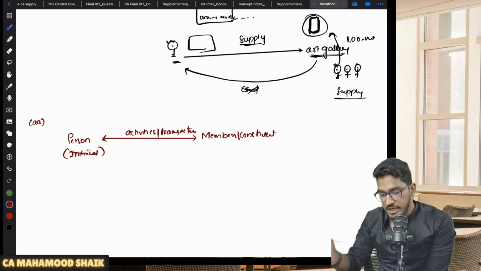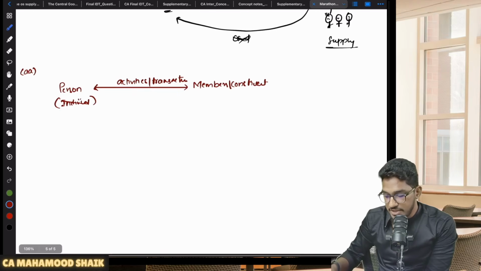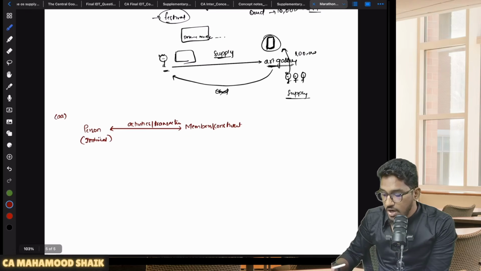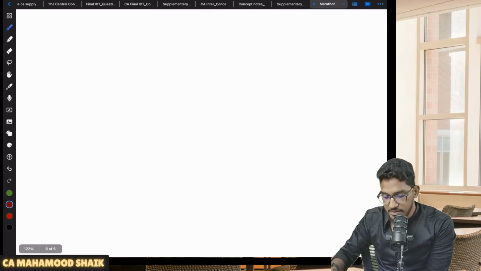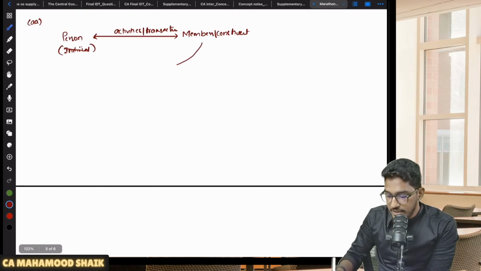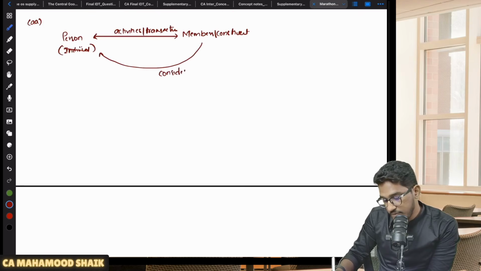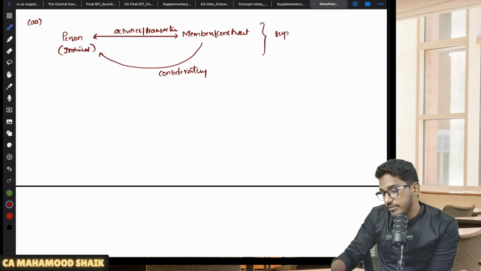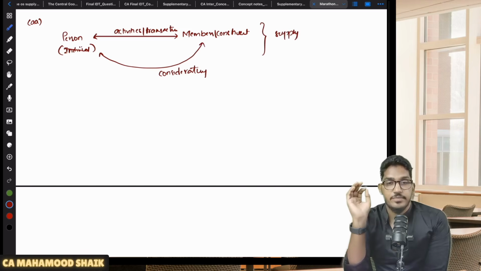So whatever it is, anyway, either a person other than individual doing any activities or transactions to its members or constituents, or members or constituents doing some activities or transactions for the person, in return for which there is a consideration, this activity will qualify as supply, notwithstanding any order of the court, decree or judgment of any court.